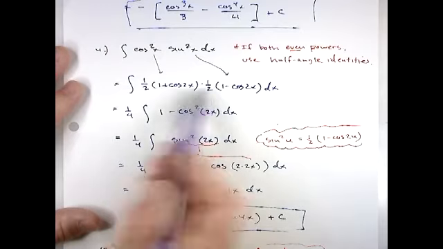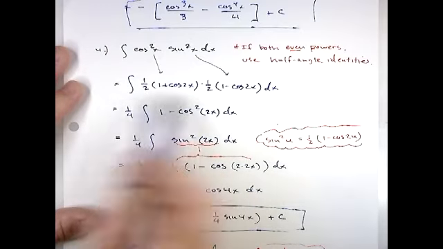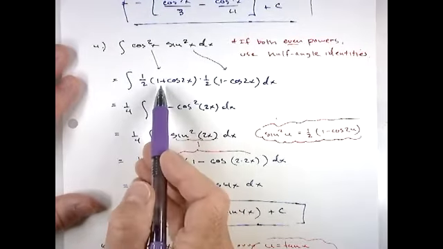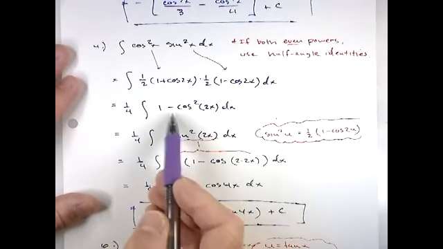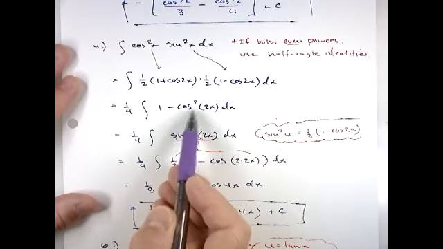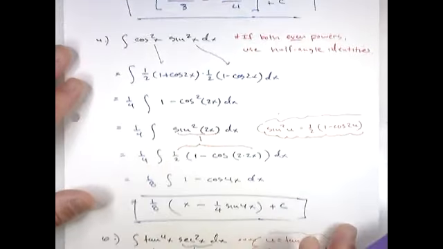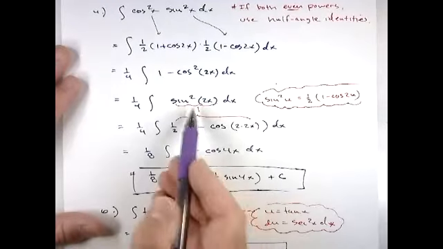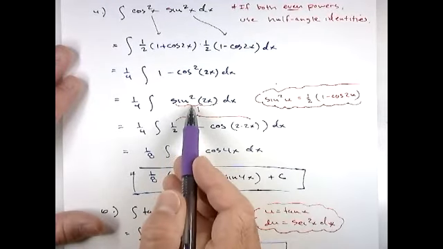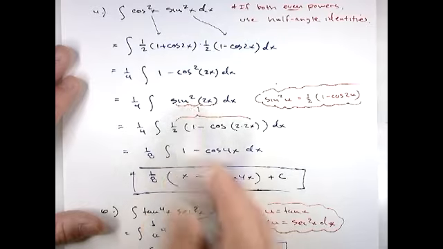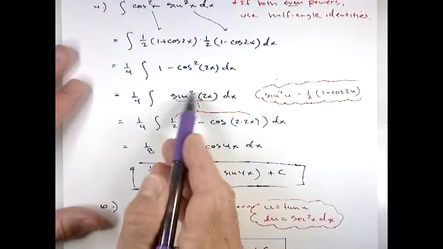Multiply the 1/2s together and bring that outside of the integral. If you multiply 1 plus cosine of 2x times 1 minus cosine of 2x, we have 1 minus cosine squared of 2x, which we're then going to turn, using the identity, into sine squared of 2x. Now we have an even power of sine.